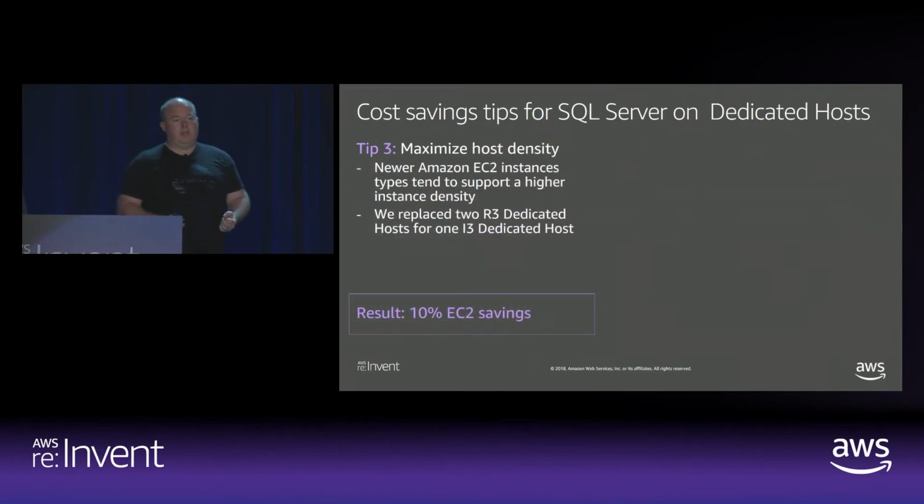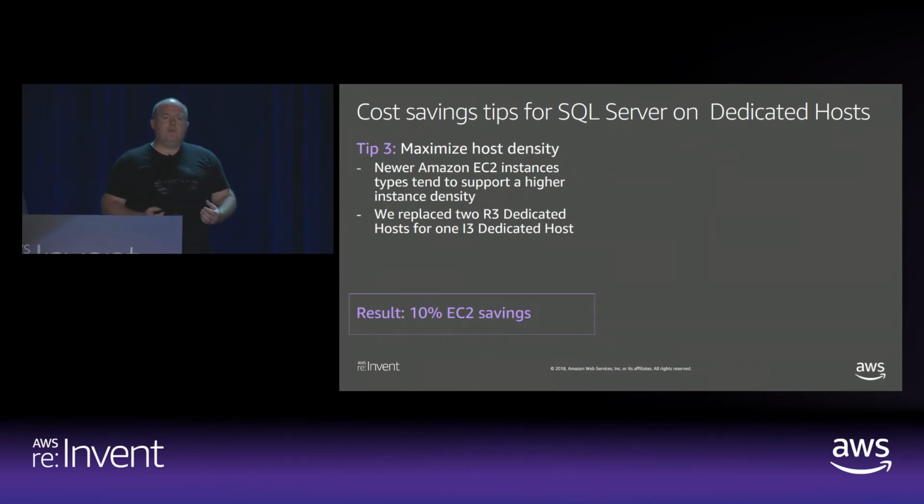My third tip is to maximize your host density. One of the nice side effects of moving from R3 to i3 is that we were able to replace 2 R3 dedicated hosts with 1 i3 dedicated host. And this tends to be because newer Amazon EC2 instance types tend to support a higher instance density. And our result there was a 10% saving in EC2 cost.